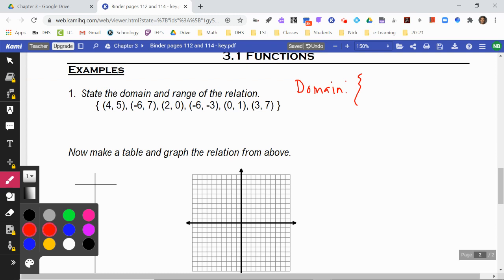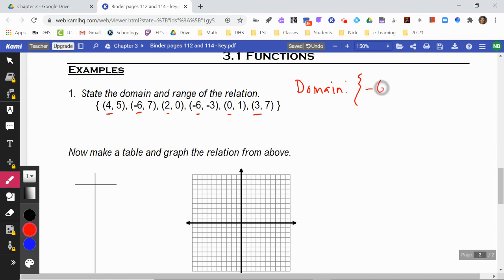You can look at mine. Now we're just going to look at those x values here: 4, -6, 2, -6, 0, and 3. So again, list these in order from least to greatest and no repeats. So I got -6. It looks like my next one is going to be 0. And then I'm going to go to 2, and then 3, and then 4 here.